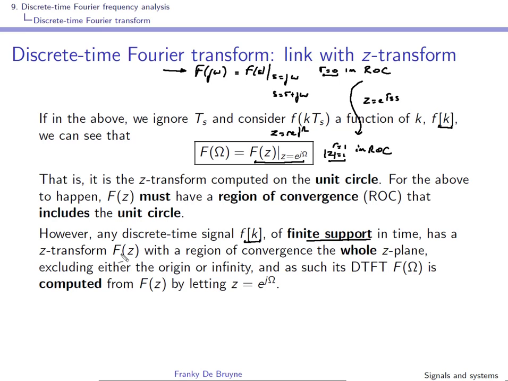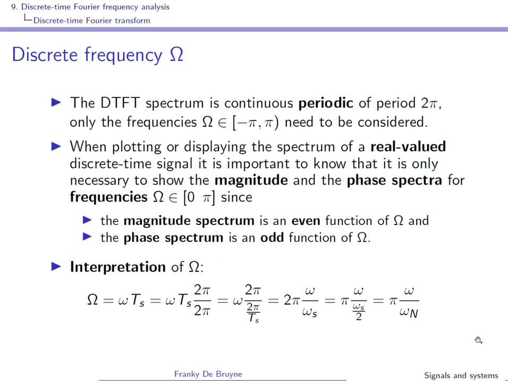Its Z transform will have a region of convergence that is the whole z-plane. You might have to exclude the origin or infinity, but at least it will contain the unit circle. So for discrete time signals of finite support, obtaining the discrete time Fourier transform is easy. You take just the z transform and you replace z by this expression.